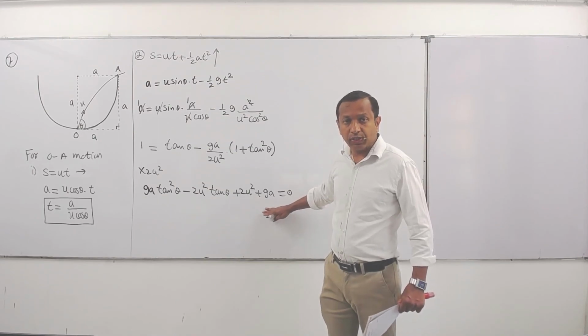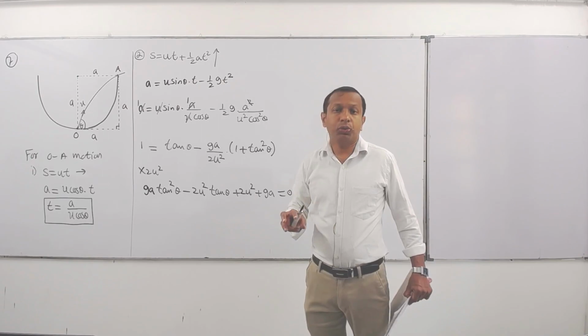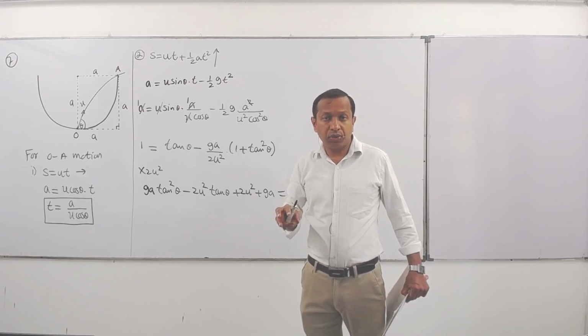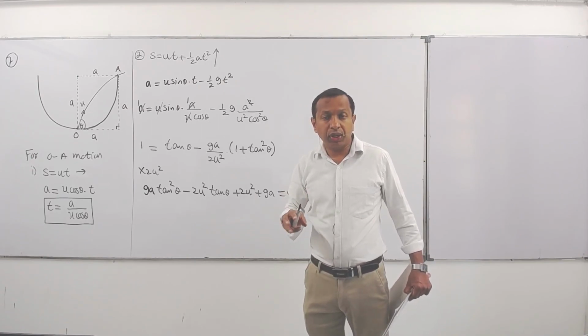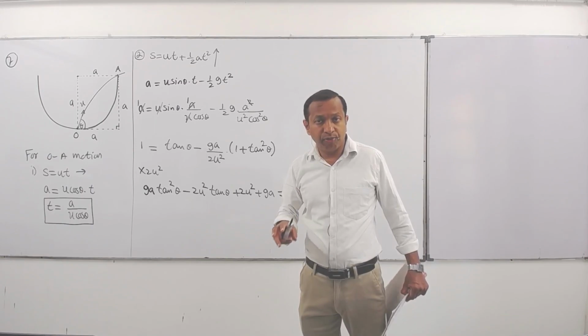Since this is a quadratic equation, you know for a quadratic equation, the sum of the two roots and the product of the two roots we can write. Using that theory, I write tan alpha plus tan beta and tan alpha tan beta product.